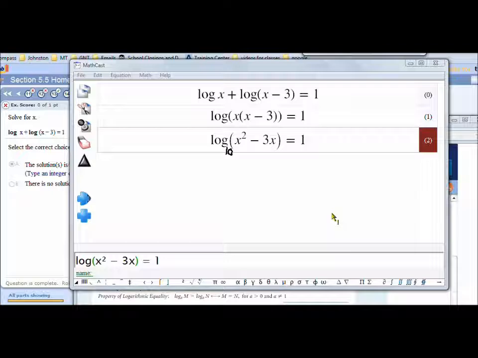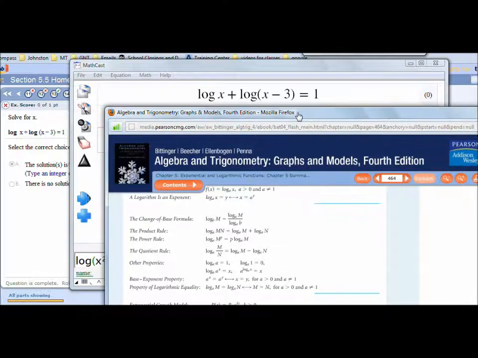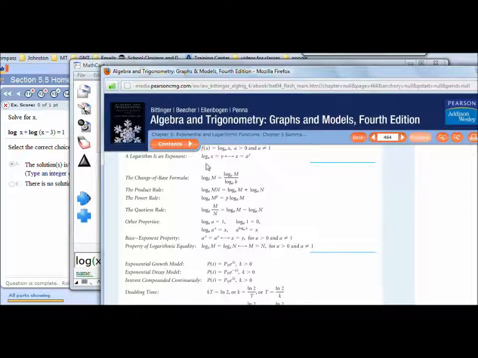So let's go back to our rules. And the rule that I'm going to be looking for is one of the most basic. In fact, it is the most basic. Log base a of x turns into this thing.